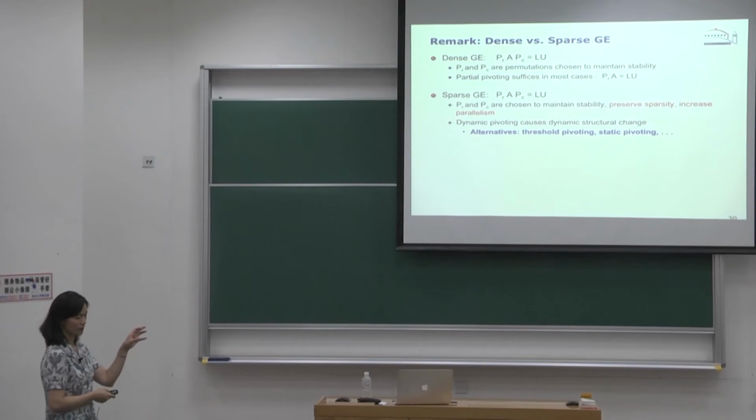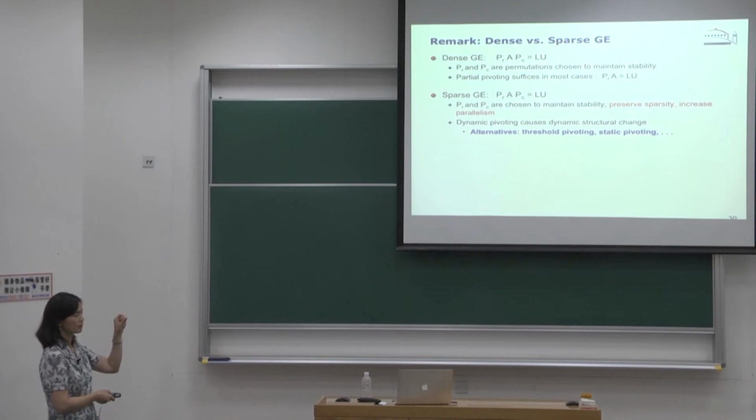So threshold pivoting, just to say, suppose within this column, partial pivoting wants to pick up the largest element, but threshold pivoting could say pick up the element which is maybe within a factor of 10 of the largest, not necessarily the biggest. So that you have some freedom within each column to pick up some element.